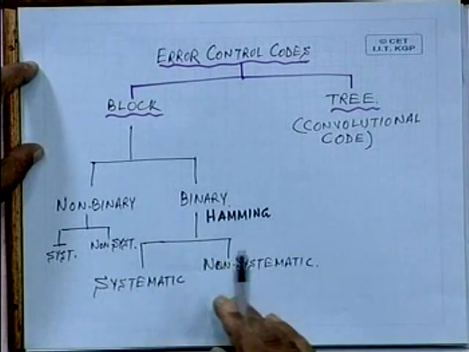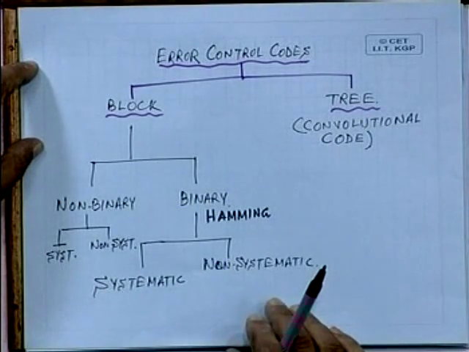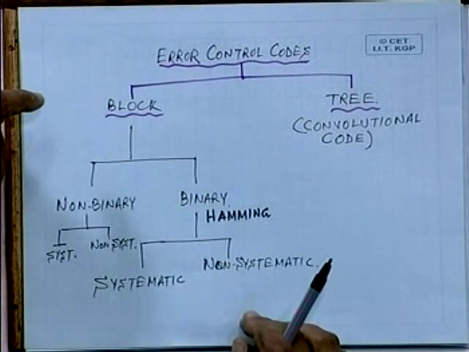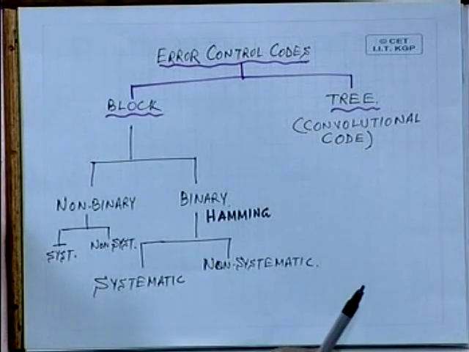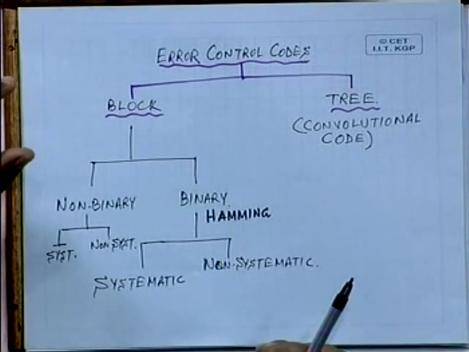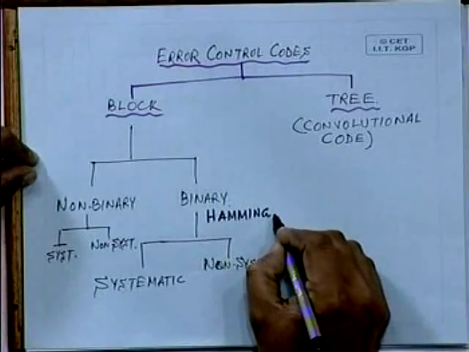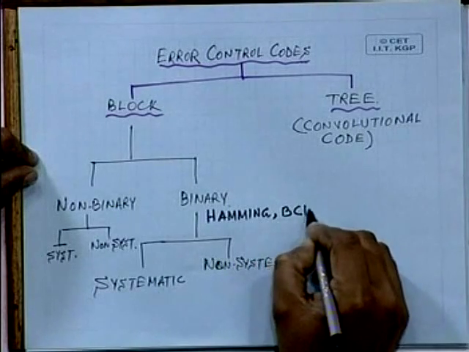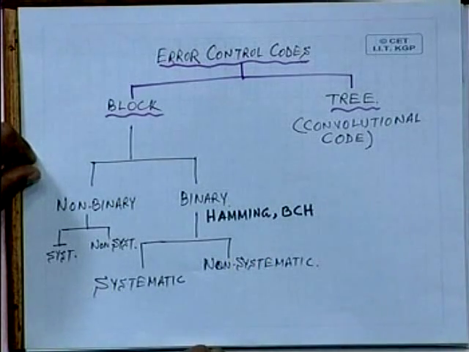In fact, we will see somewhat later that for a block binary code, and a cyclic code specially, it is possible to put a non-systematic code in a systematic way and vice versa without sacrificing any error correction capability.